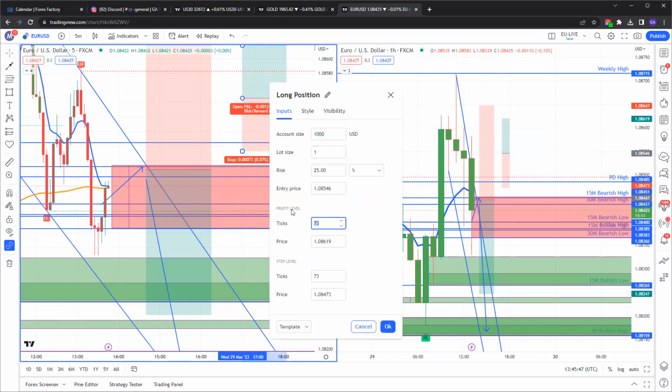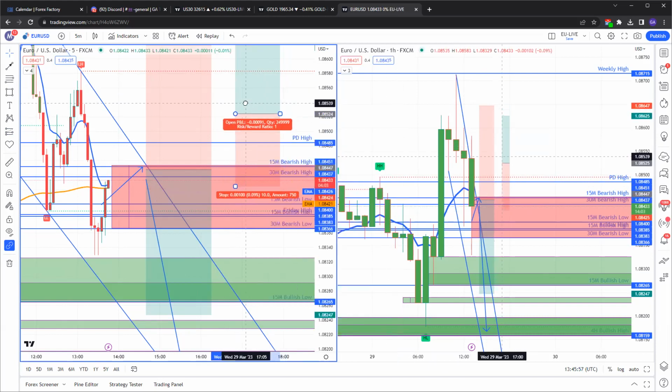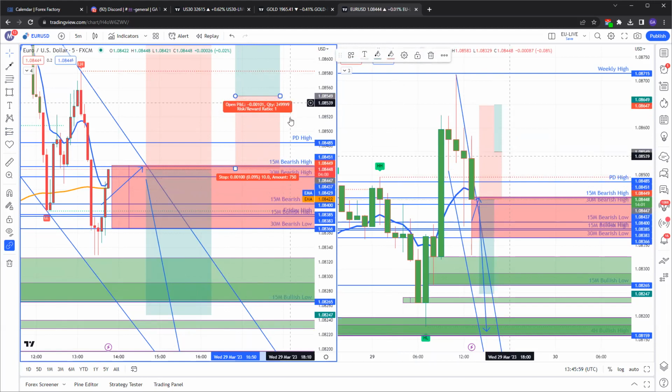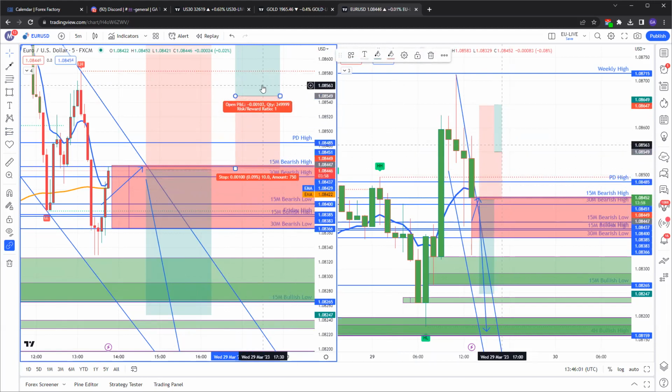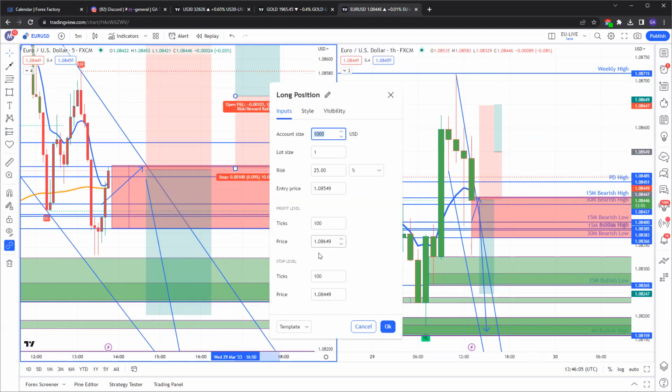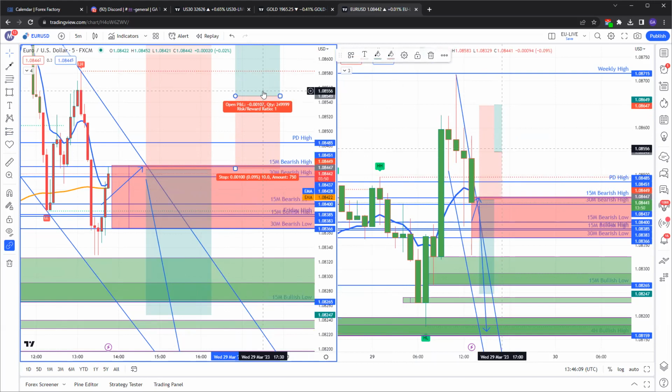So 10 pips on TradingView for a Forex pair would be 100, right? So maybe use this tool to give you an idea of what 10 pips would be from whatever price point. So on FX pairs, 10 pips is in hundreds on this TradingView long and short position calculator.